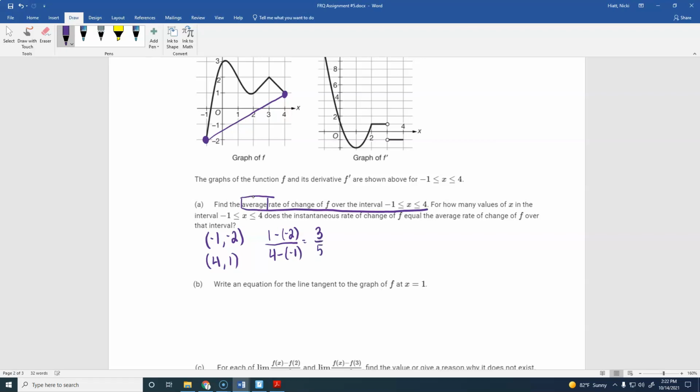It would be okay to just count that from the graph also. We want to let the grader, which is me, know that we know this is the average rate of change on -1 to 4. Y's are on top.